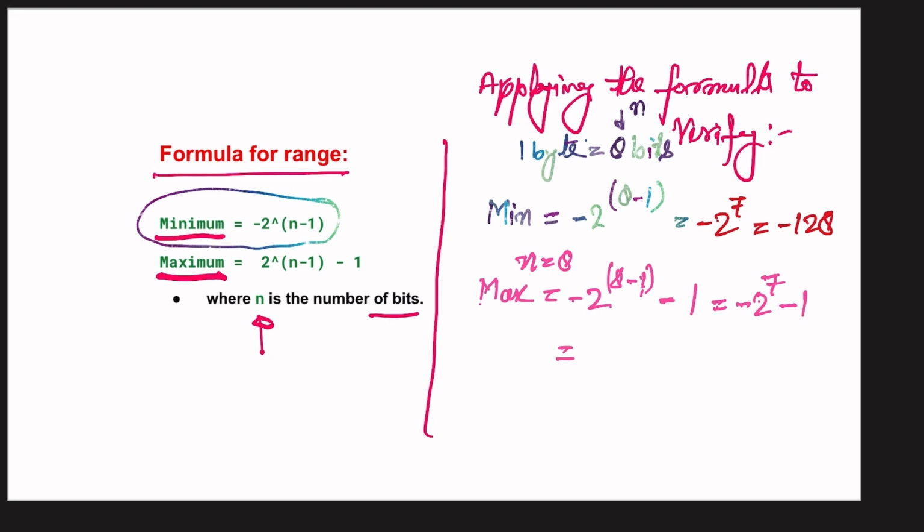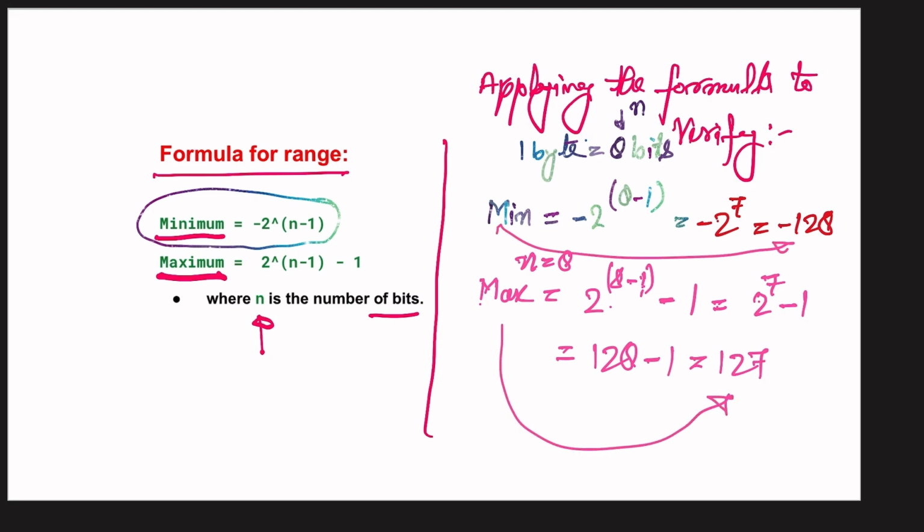Here we do not have the minus. Then we have 128 minus 1, which is 127. This is the maximum range and this is the minimum range for the byte data type.